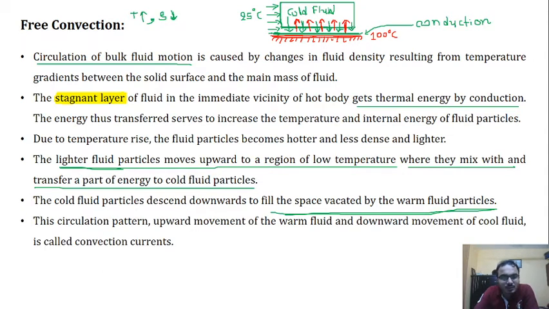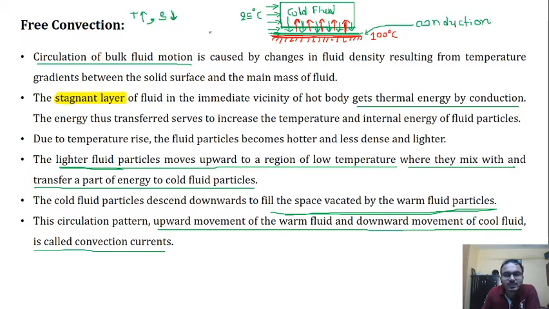This circulation pattern, that is upward movement of warm fluid and downward movement of cold fluid, is known as convection current. To explain this in a very simple manner, the circulation pattern is like this.